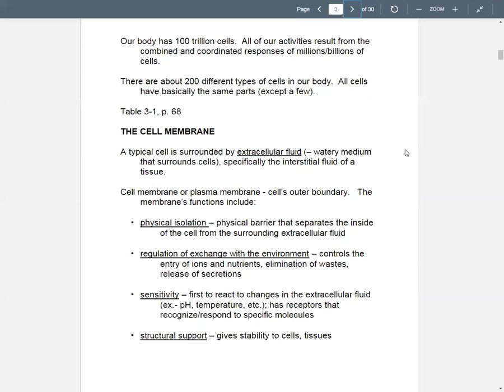It regulates exchange with your environment. So it allows ions and nutrients to enter the cell, allows waste to get out of the cell, and allows you to release secretions as well.